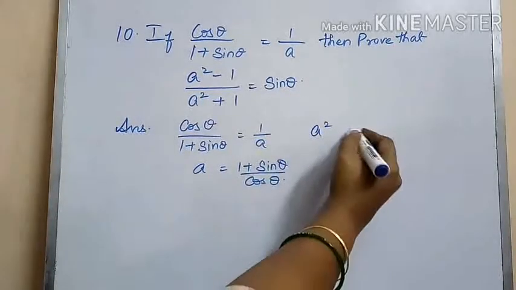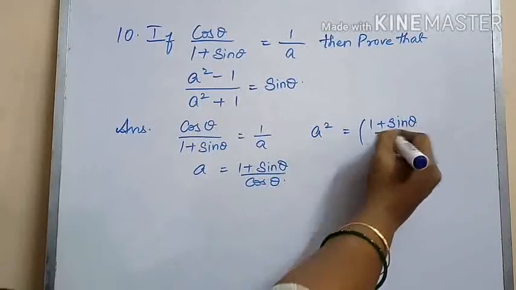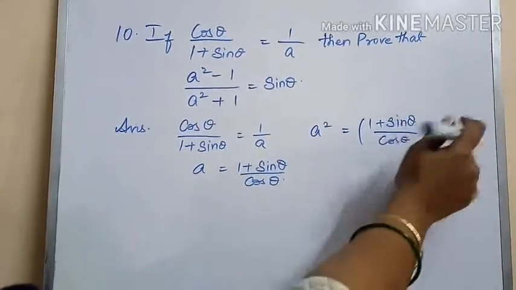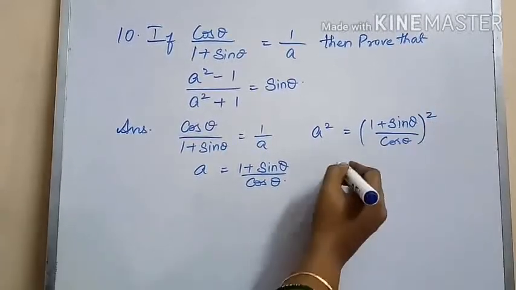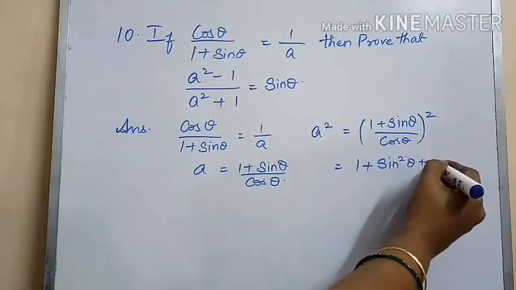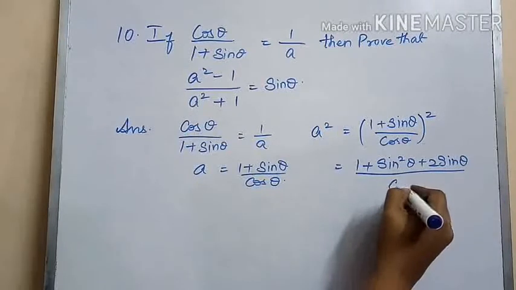Let us find out a squared. So we get 1 plus sin theta by cos theta the whole square, which is equal to 1 plus sin squared theta plus 2 sin theta by cos squared theta.